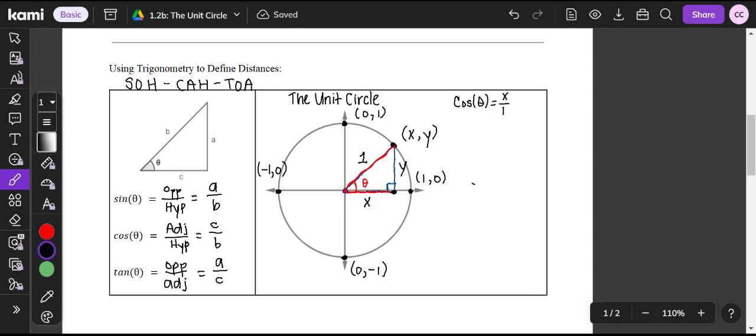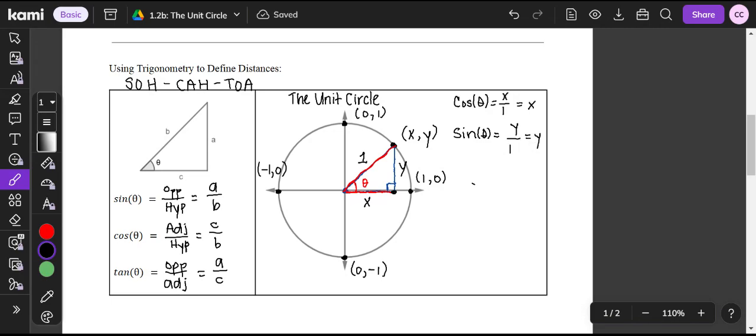Well, you all should know that x divided by 1 is just x. Okay, we'll come back to that in just a moment. Let's talk about sine. Sine is the opposite side divided by the hypotenuse. So the opposite side is y, and the hypotenuse is still 1. Y over 1, of course, gives me y.